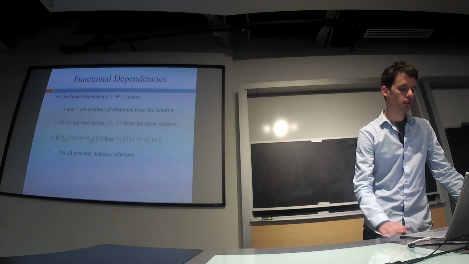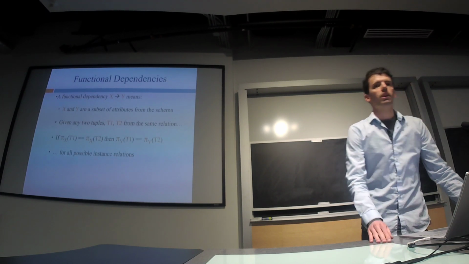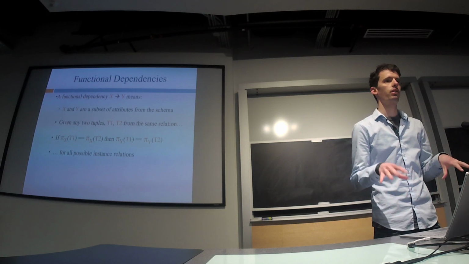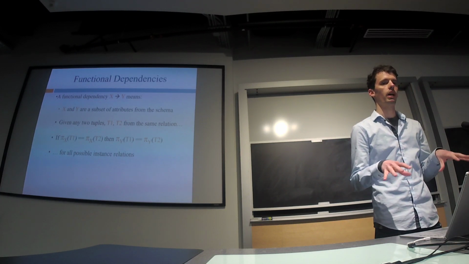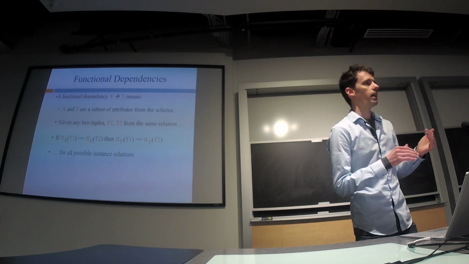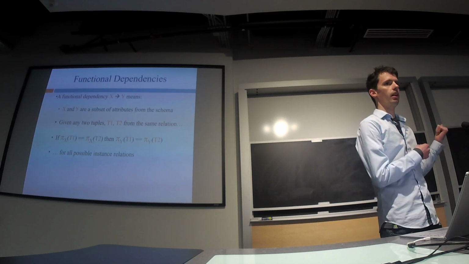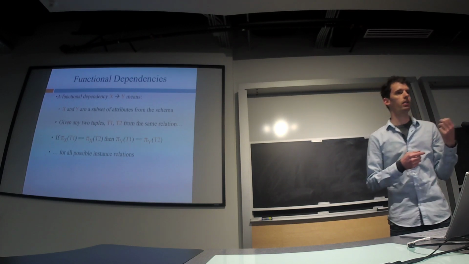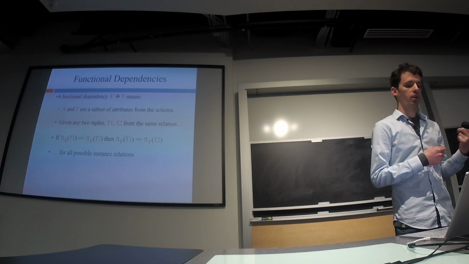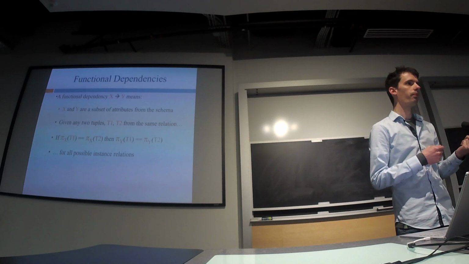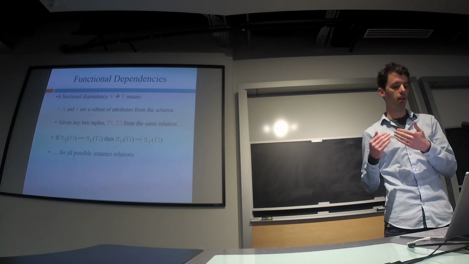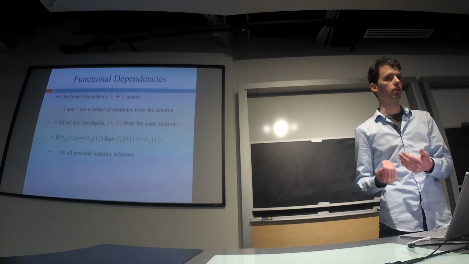So what is a functional dependency? What this means is if I have a functional dependency from X to Y, remember X and Y are columns, and I take any 2 tuples out of the table and project out X from T1 and project out X from T2, if those are equal, then that means that their Y values are also equal.